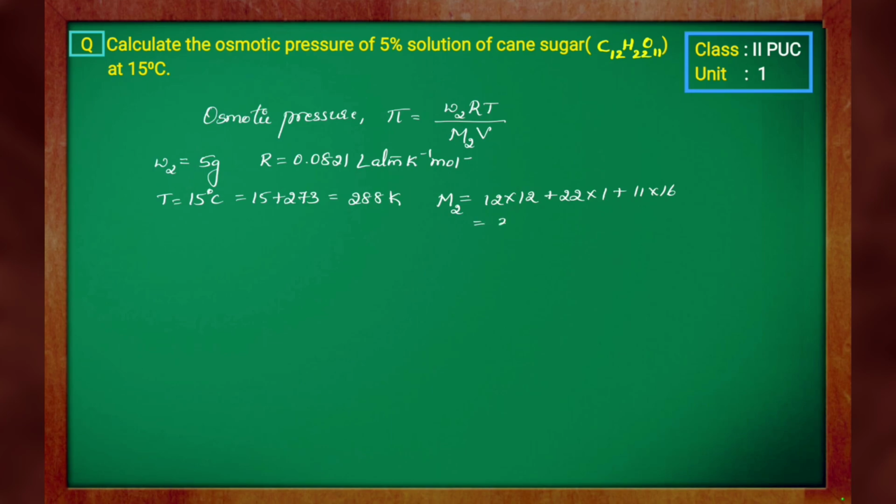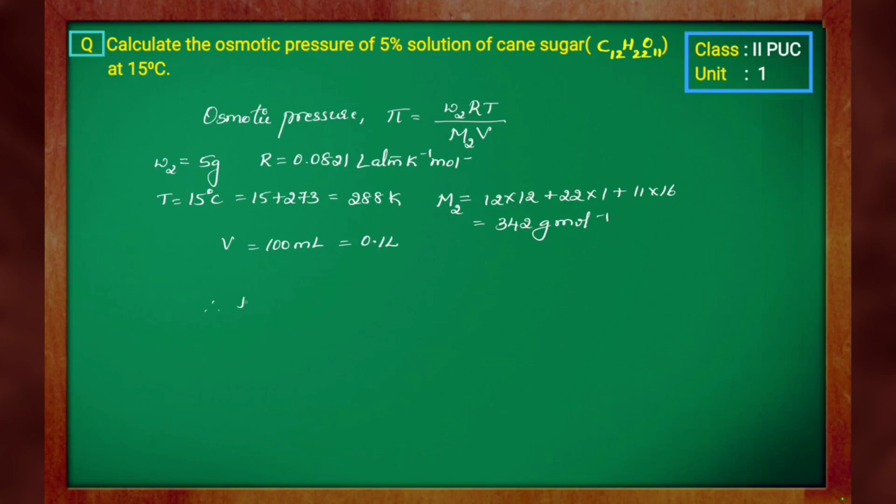So we have molar mass M2 is equal to 342 grams per mole. Also they have given us volume of the solution, which is 100 ml. So when we convert this into liter, that comes out to be 0.1 liter. Now let's substitute all these things into the expression for osmotic pressure.